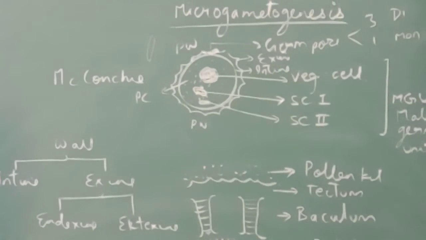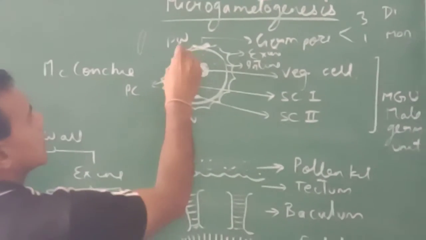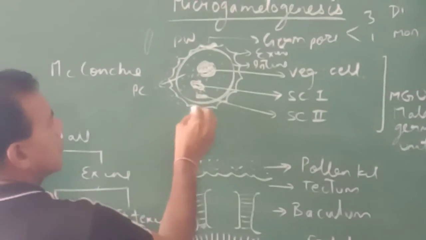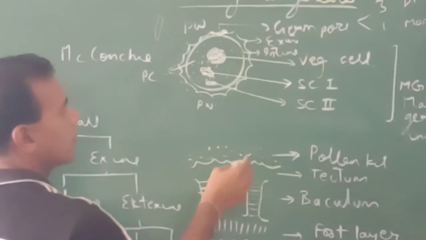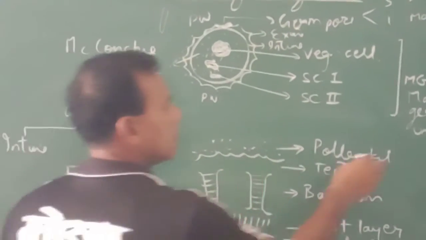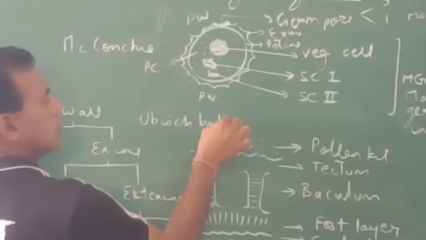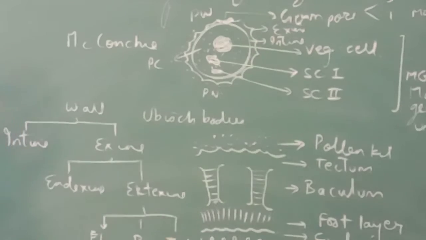The pollen is made up of this, known as pollen kit material, like I have shown here. It is made up of sporopollenin, which was secreted by the Ubisch bodies from the tapetum.